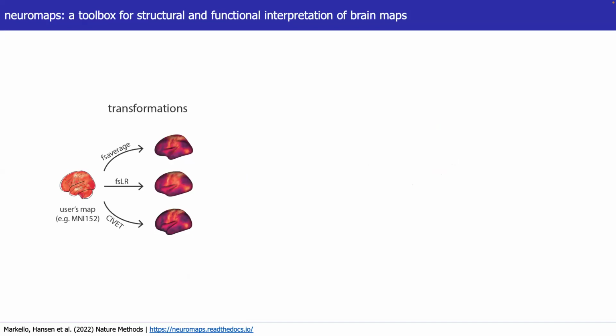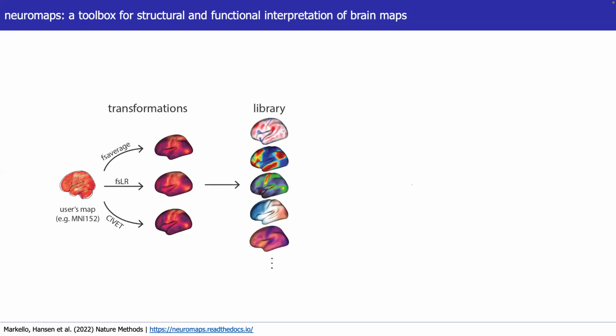You don't have to use the three components all in sequence or all together. You can use them as you choose. Basically, we provide a suite of tools for transforming among the major coordinate systems in brain imaging. Say you have a map and you want to compare it to another map that's in a different space. How do you put them in the same space? We'll give you the transformations.